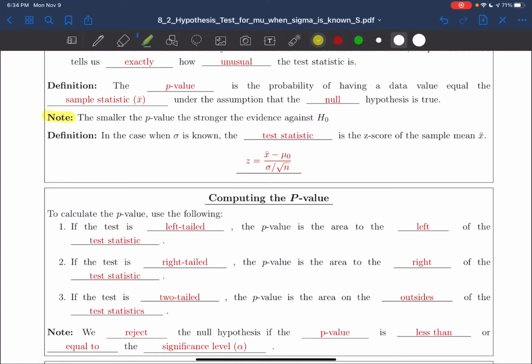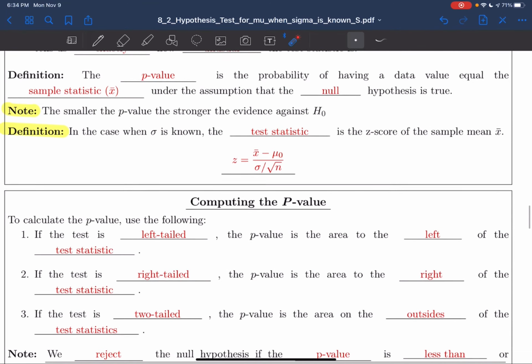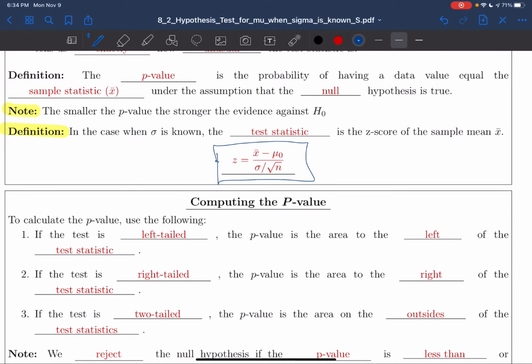Another definition, a very important definition, and you've actually seen this before. In the case when our population standard deviation sigma is known, the test statistic is the z-value of the sample mean, x bar. So we're still dealing with the same test statistic, z.